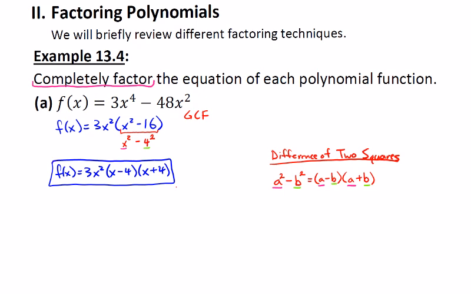Now I don't want to stop here. I would like to also go back and look at an interesting connection with the concept of degree. So looking at the standard form equation that we were given, I would say that the degree of this function is equal to 4, and I can base that off of the leading term here. There's the highest power of 4.